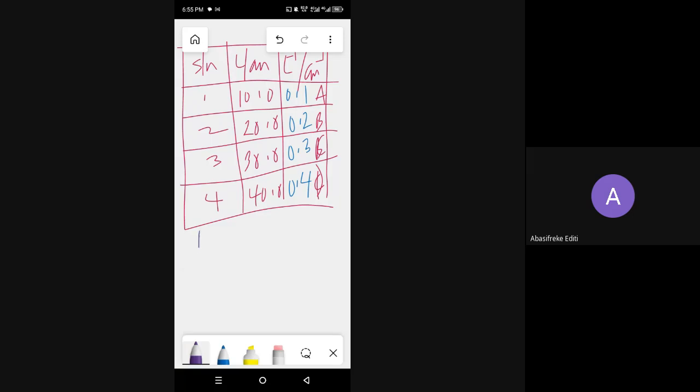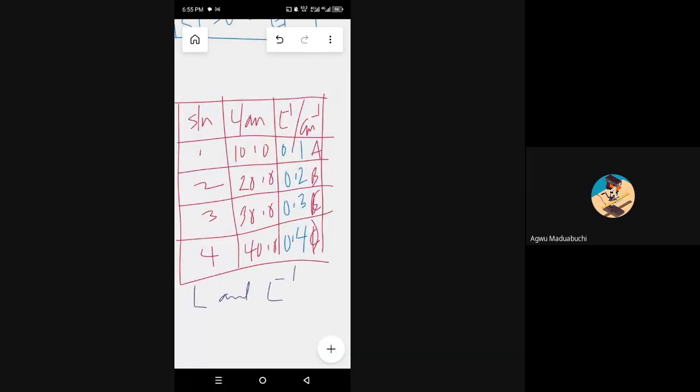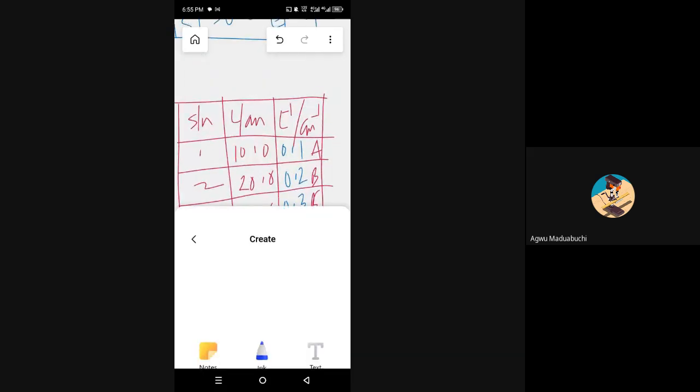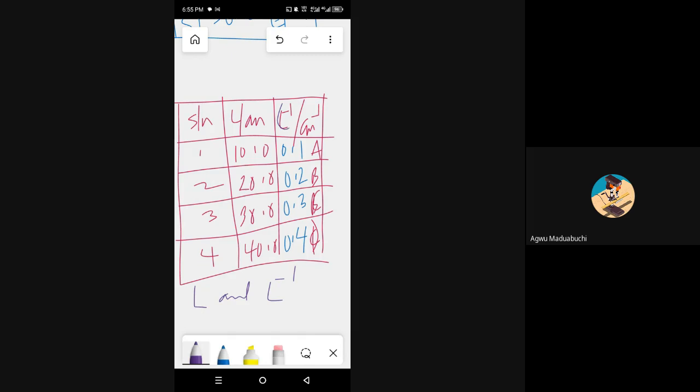What's the difference between L and L to the power minus 1? Inverse. Good. Did you pay attention to that here? Yes, sir.